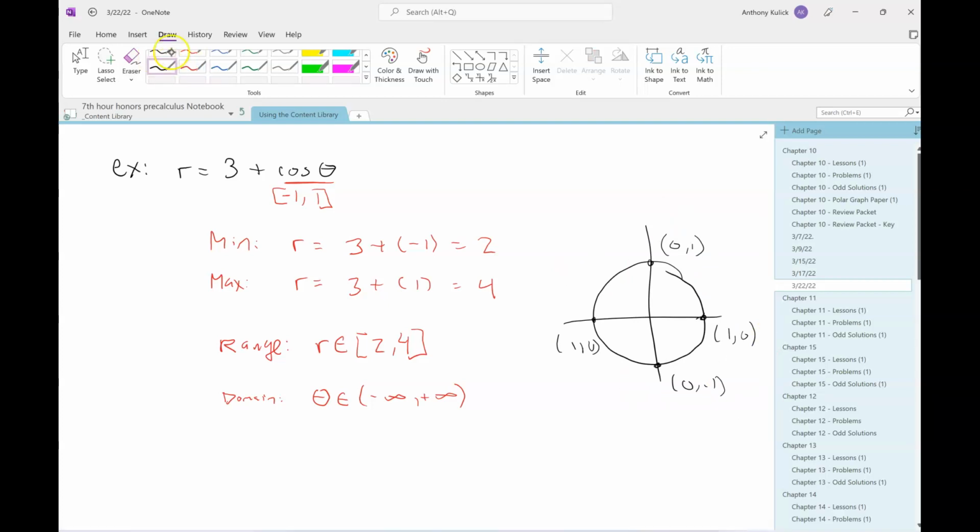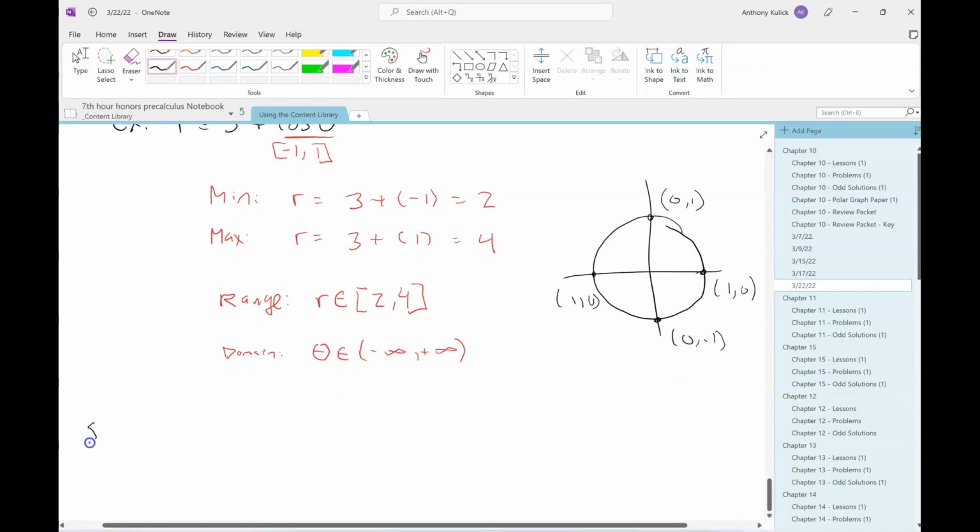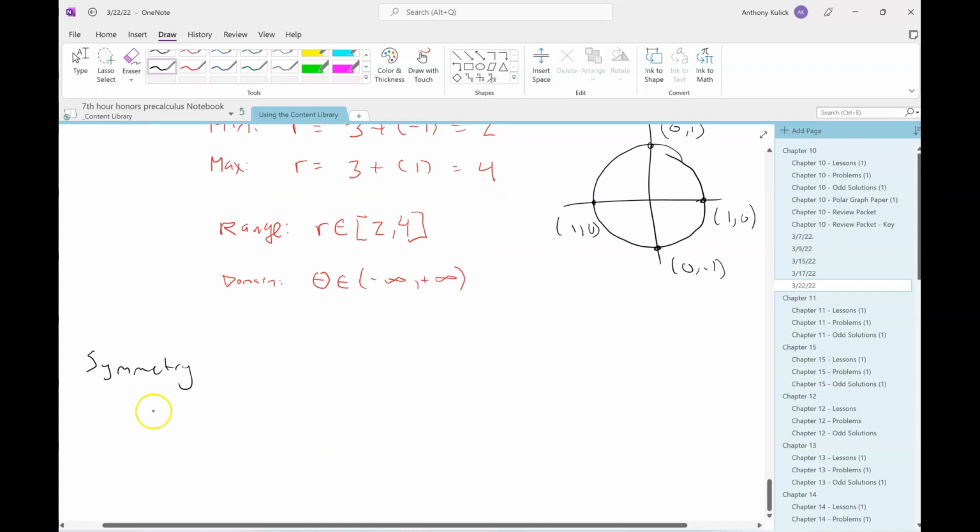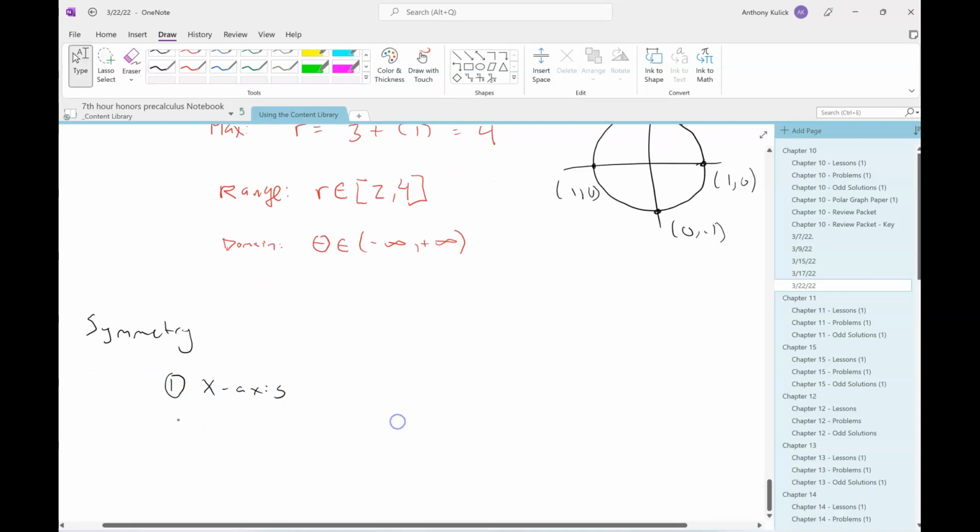Okay. We still need to talk a bit about symmetries. There are 3 types of symmetries we'll talk about here for polar functions. We have x-axis symmetry, we have y-axis symmetry, and we have alpha point symmetry with respect to the origin.